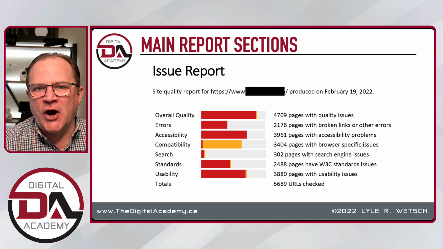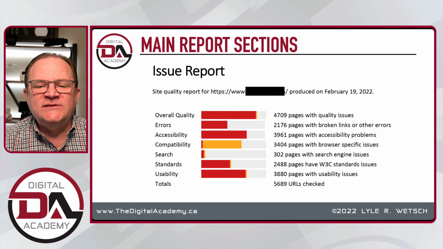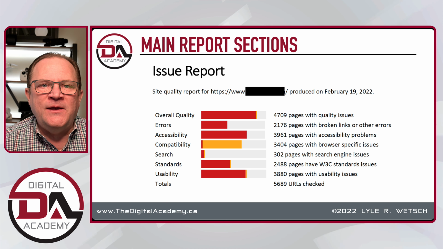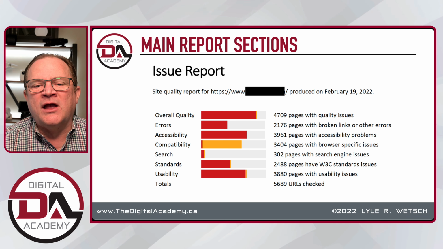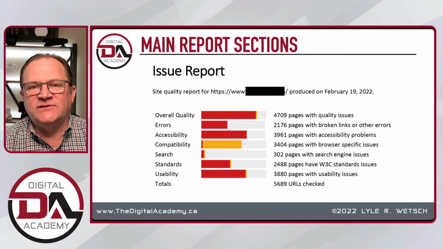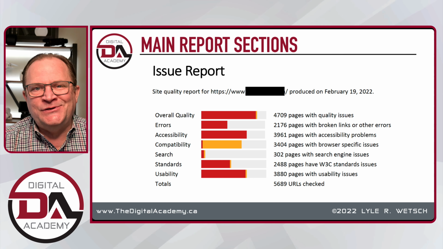A good target that we like to sort of recommend to organizations is if you can have less than 10% or around that 10% mark of the total pages on your site having issues, then you're doing a pretty darn good job.